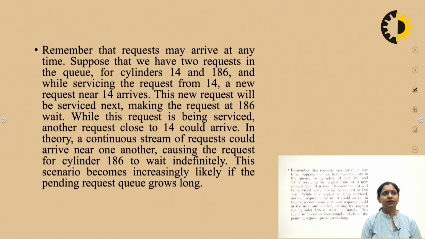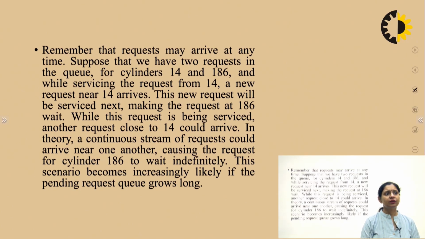So here we remember that requests may arrive at any time. Suppose two requests in the queue for cylinders 14 and 186 have come up, and while serving the request for 14, a new request near 14 arrives. So in that case, what will happen? The new request will be serviced next and 186 has to wait. While 186 is waiting, again a new request nearer to 14 comes up.